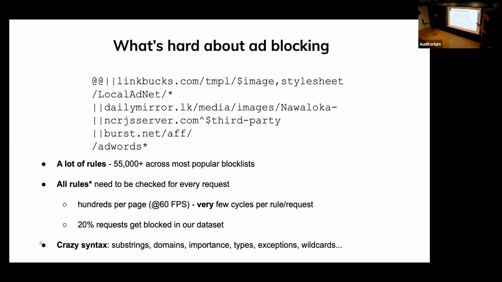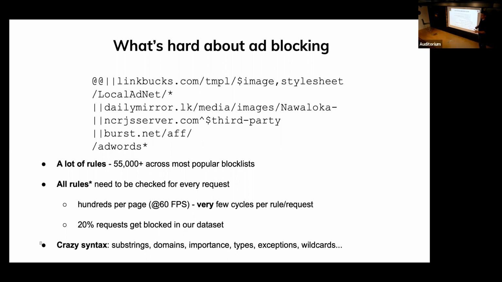And all of them, with some caveats, need to be checked against every single request coming through the browser that you need to load. You need to decide whether or not you actually want this loaded. That means if you're trying to render a page at 60 frames per second, then you have 200-300 requests coming through in that time span, and you have very few cycles per request-rule combination.